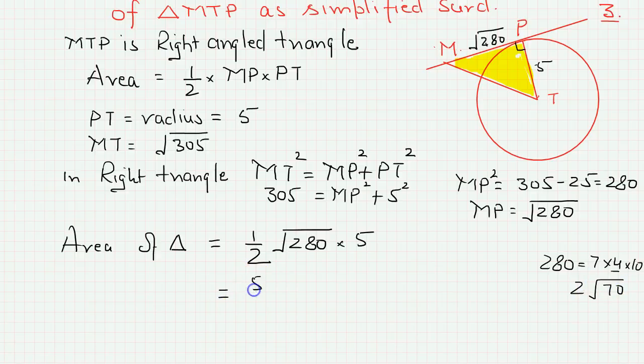So it will be 5 multiplied by 2 root 70 divided by 2. We can cancel this 2. So the area of the triangle will be 5 root 70.